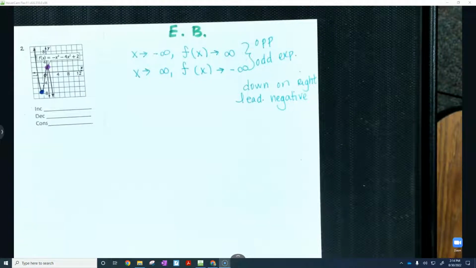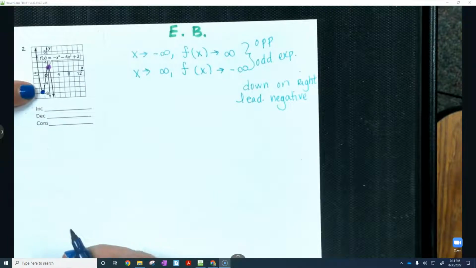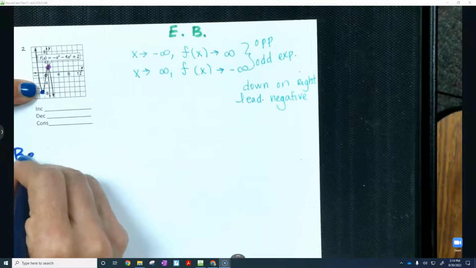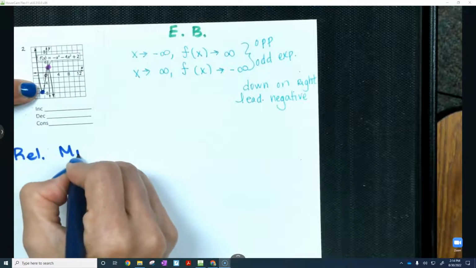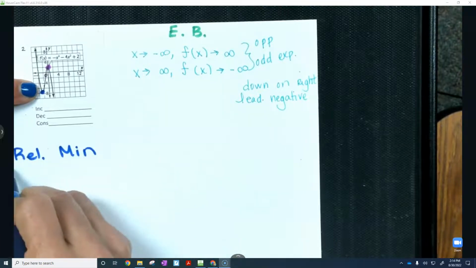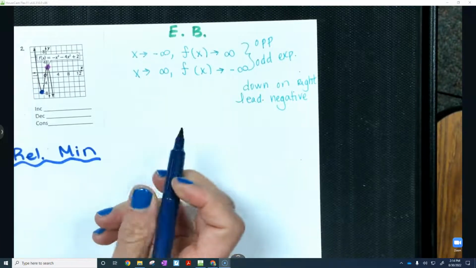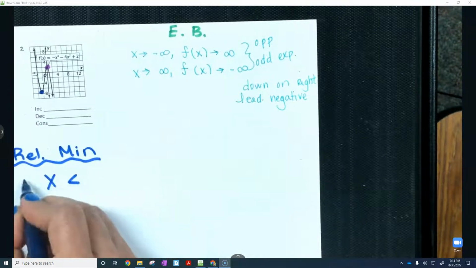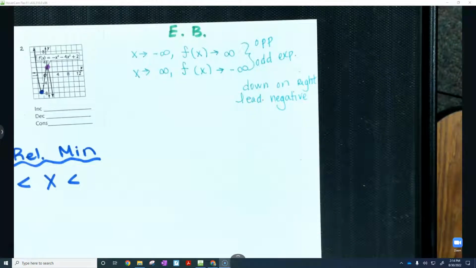So to talk about increasing and decreasing, it is always about the x values. This first piece that I wrote in blue, I'm going to color coordinate everything, that is a relative minimum. And I know that relative minimum has an x value that's somewhere in between something.